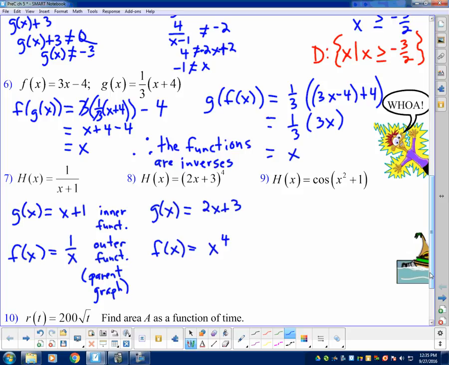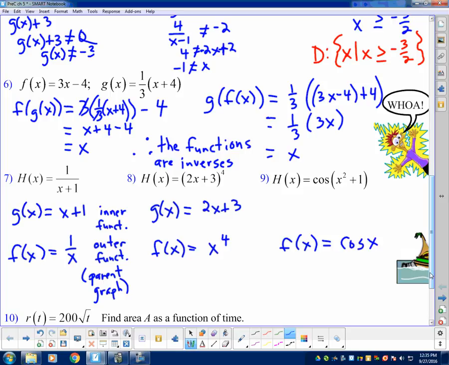Number 9 is tricky. I didn't give you the parent graph for 9 yet. We haven't talked about cosines. But what would you guess is the outer function here? It might be easier to think outer function first. Yeah, cosine of something, right? There's the parent graph, and I did not put this on your parent graph sheet. We hadn't gotten to trig functions yet.